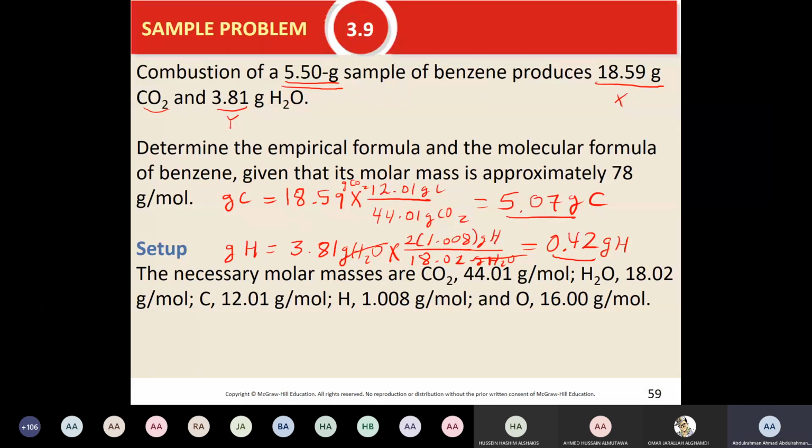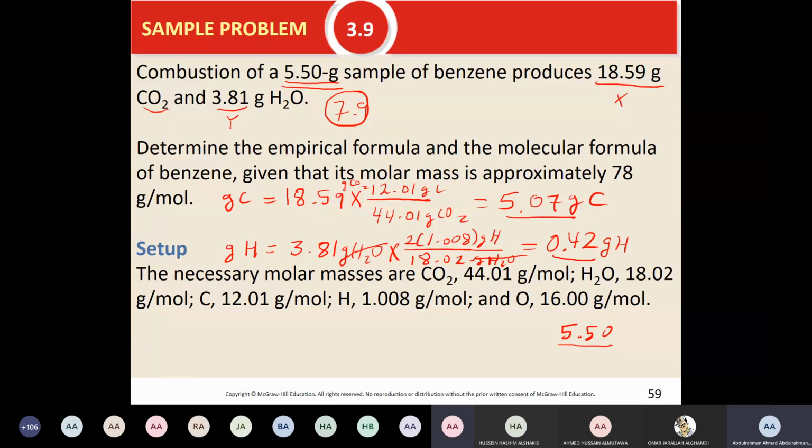If there is oxygen, there will be this number. For example, if there is oxygen, maybe this number will be 7 or 8, and then you have the total 5.5. This means if the total here is 5.50, but the mass here, for example, let's assume it was 7.89, what does that mean? This means 5.0 is the carbon and the hydrogen, and the rest, which is 2.4, is what?